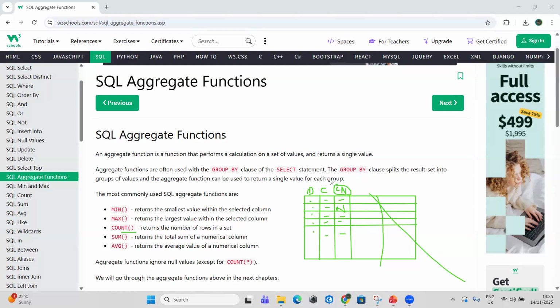So it will count all of the entries, including the none value as well, because in SQL it's kind of a number. It's not counted as a zero, right? So basically, that place is not empty, but it is also not a value.